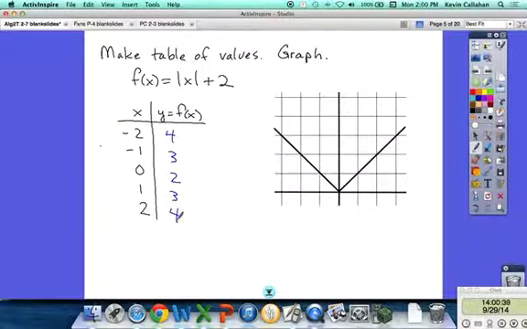So we'll plot all those points. -2, 4. -1, 3. 0, 2. 1, 3. 2, 4.